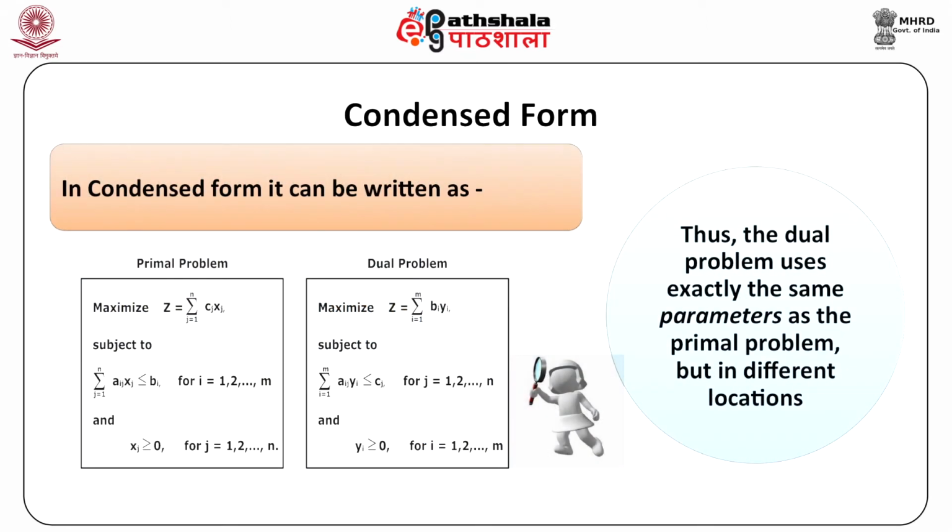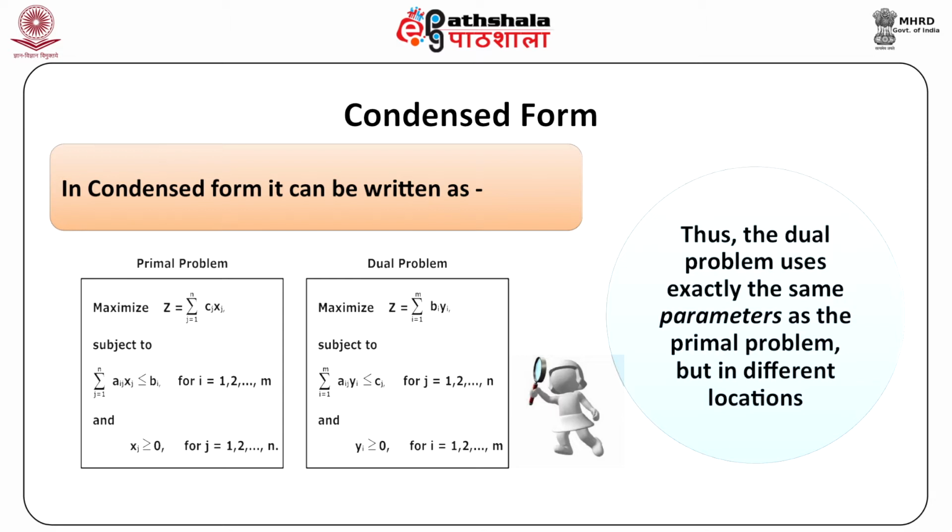In condensed form, this can be written as the primal problem: maximize z equal to sigma cj xj, j going from 1 till n, subject to sigma aij xj less than or equal to bi for i going from 1, 2 till m, and xj greater than or equal to 0 for j equal to 1, 2 till n.